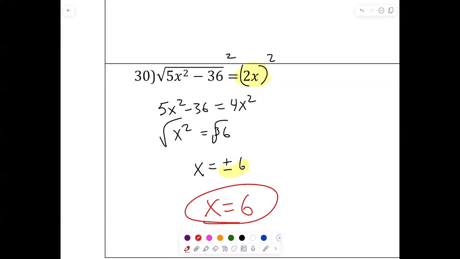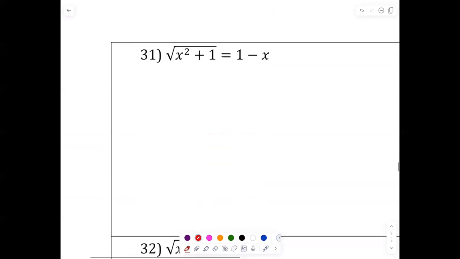Okay. Moving on, 32. All right, this is annoying also. Lots of good algebra here. What do I have to do to both sides, please? Squaring both sides. So the left side becomes x squared plus 1 equals. Now the right side, remember, it's 1 minus x times 1 minus x.